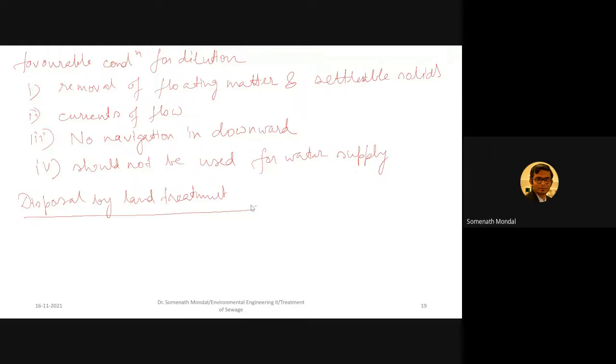Now the sewage adds to the fertilizing value of the land, and crops can be profitably grown on that land. The term sewage farming is also sometimes used for disposal of sewage by land treatment. The design of a good land treatment system demands the services of environmental engineers, hydraulic engineers, irrigation engineers, agronomists and soil scientists. Again, we need to see what the favorable conditions for land treatment are.